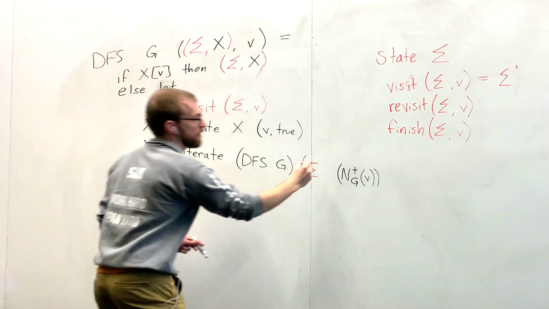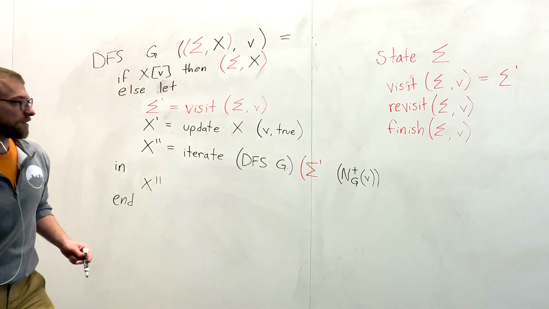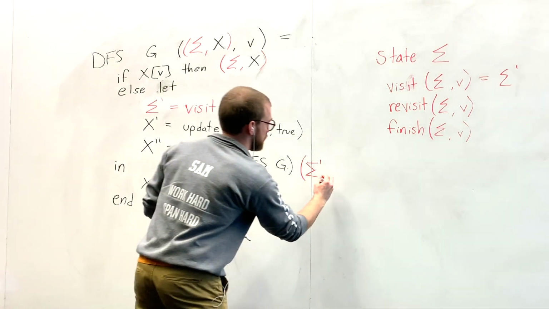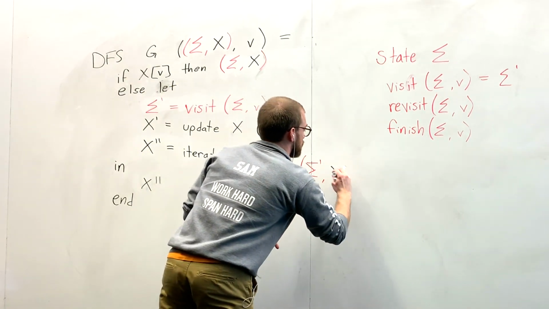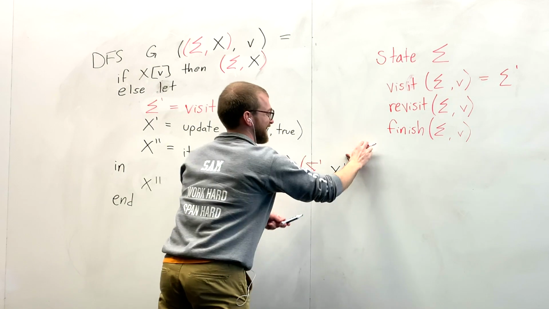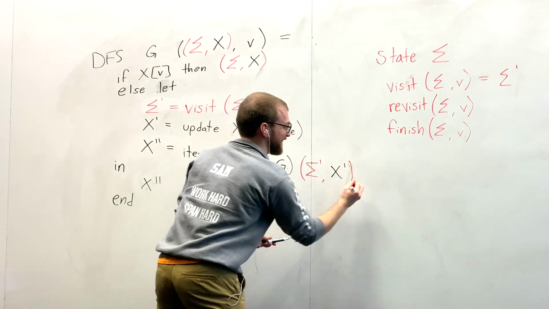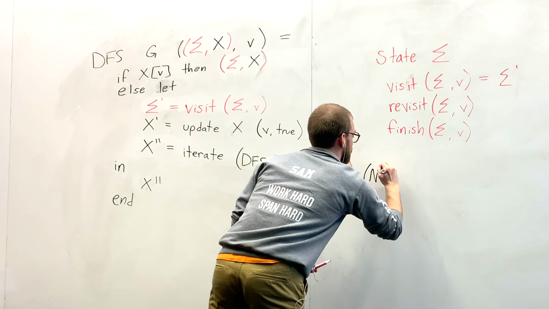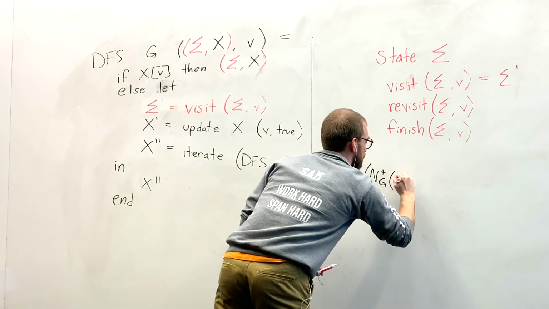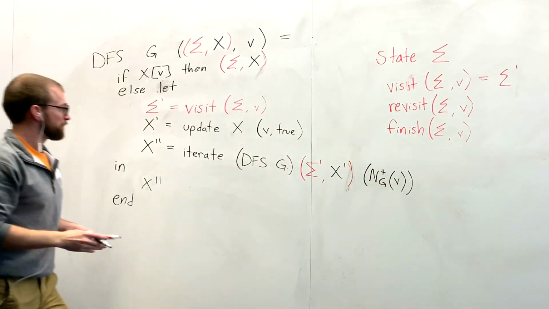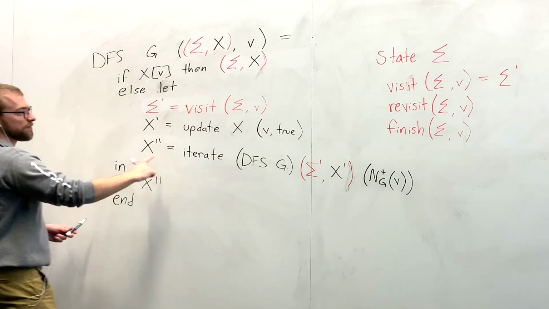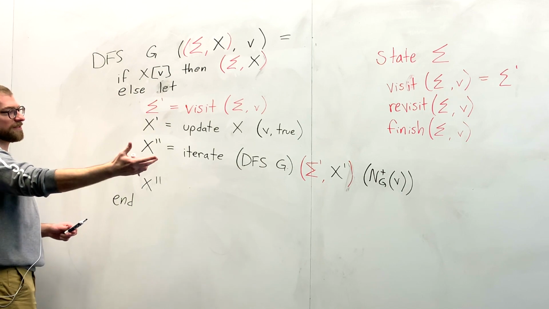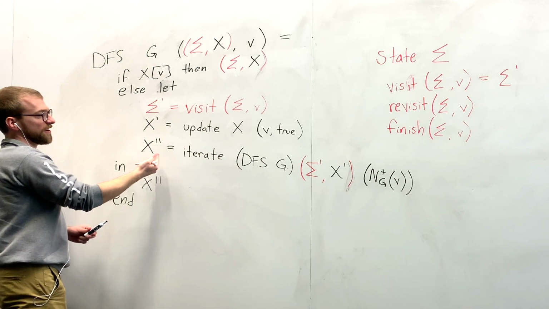Sigma prime is the new value. Let me make some more space. And then the thing I just erased. We need to update this here. So we pass in a state value, and we get out a final state value for this.